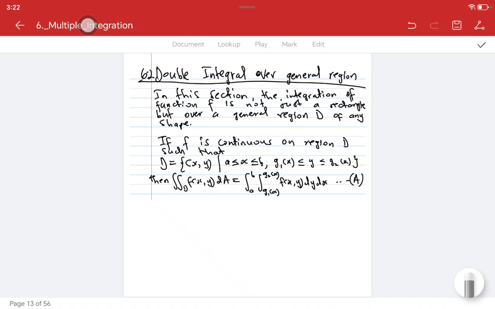So now my focus is on a general region, right? On how to integrate if you're given a general region. So remember, I said that the moment you see x on these intervals, this is type 1 region.